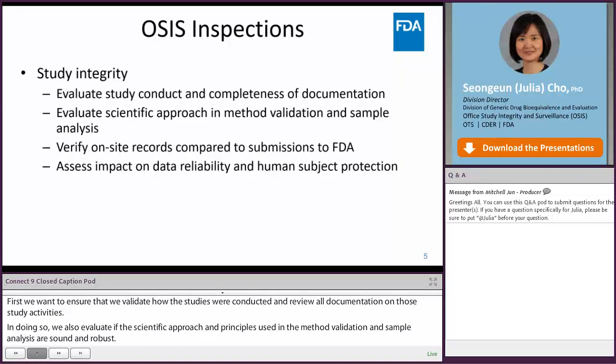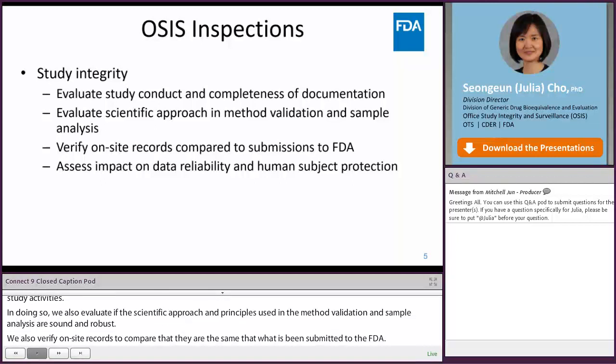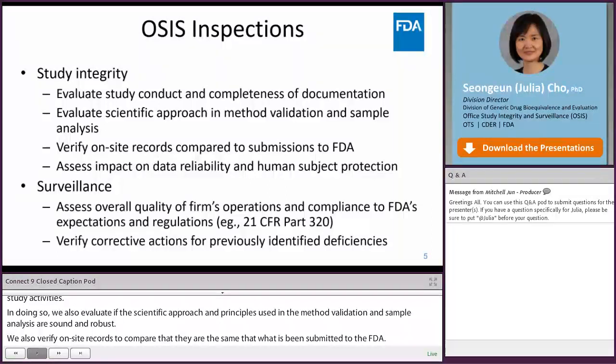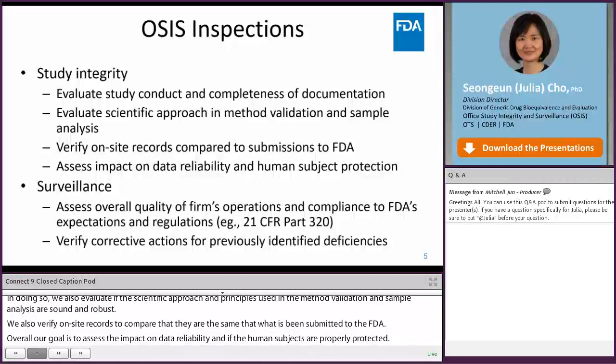And overall, our goal is to assess the impact on data reliability and whether human subjects are properly protected. In addition to study-specific focus, we also do surveillance evaluation to assess if the overall quality of a firm's operation and compliance meet FDA's expectations and regulatory requirements.